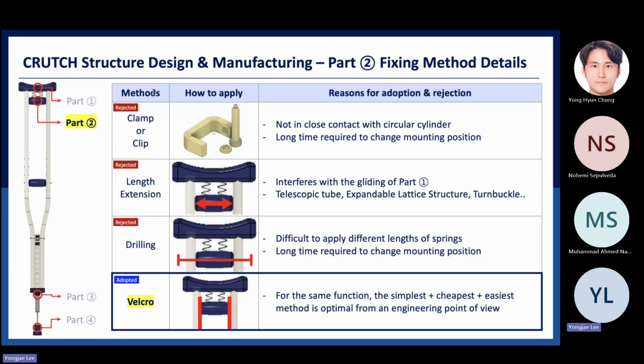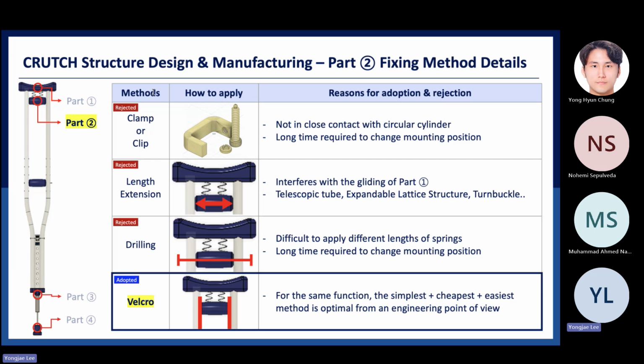In the case of fixing Part 2 with a clamp, it was difficult to fully adhere to the cylinder, and in order to change the position of Part 2, it was inconvenient to rotate the screw to move the clamp position. In the case of extending the length of Part 2 to both sides, it was rejected because it could affect the movement of Part 1 if it was extended a lot for a strong fixing force.